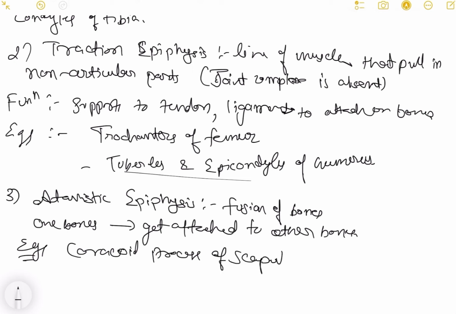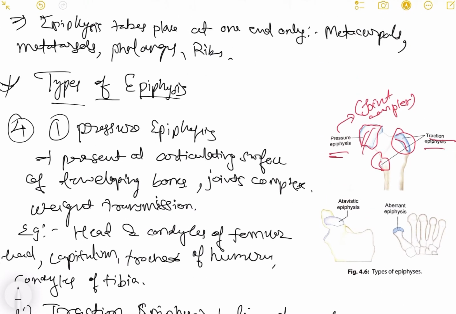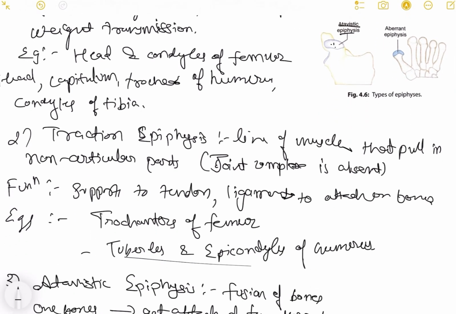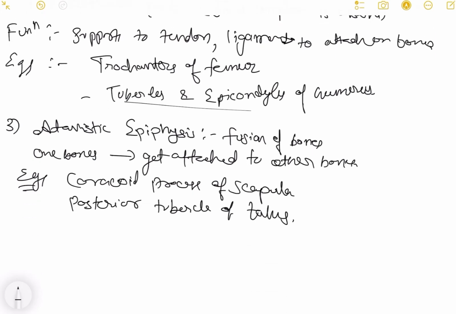You will learn in detail what is coracoid process and everything. And posterior tubercle of talus. You can see in the figure, this is atavistic epiphysis, which is in a coracoid process and everywhere. Getting?